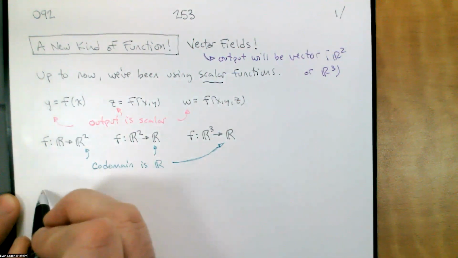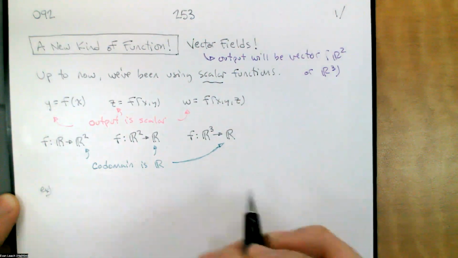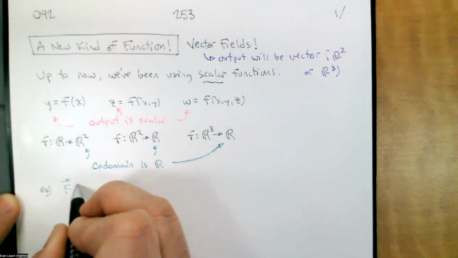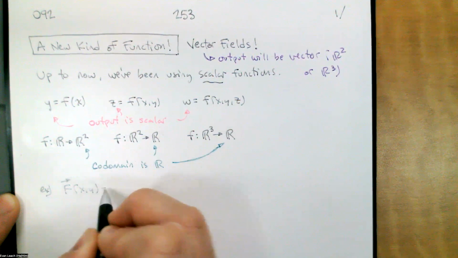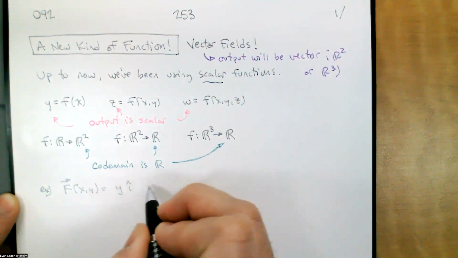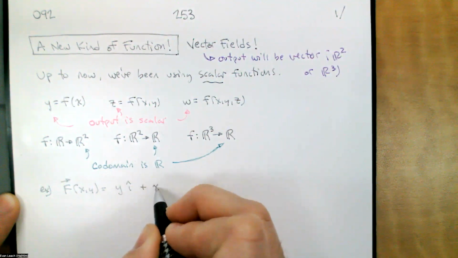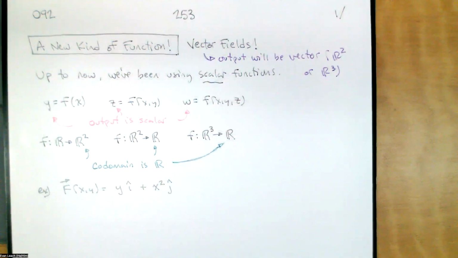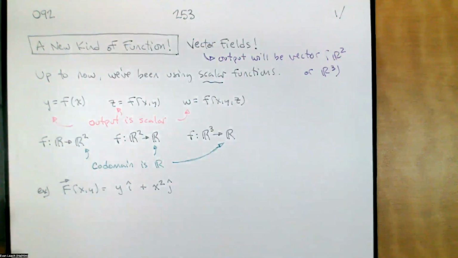For example, here's a vector field. Capital F at x, y is y times i plus x squared times j. We can see that the input is going to be an ordered pair x, y. So the domain is R2.